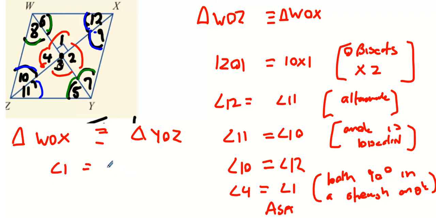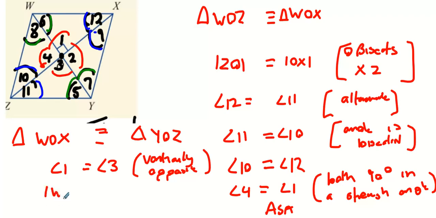Why? Vertically opposite. Good job. Okay. Next thing. I'm going to say WO equals OY. Can anybody tell me why? WO equals OY. What do we say again? O bisects WY, yeah?